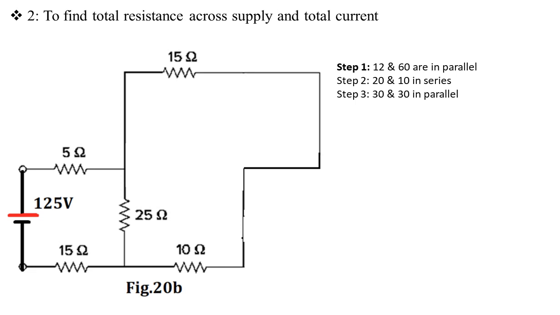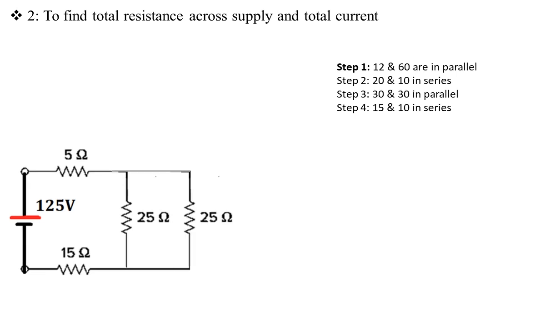So what's the fourth step? Can I say 15 and 10 are in series? Yes, it becomes 25. And you can see I've written it so that you can analyze that 25 and 25, the next step, are in parallel. 25 and 25 in parallel becomes 25 by 2.